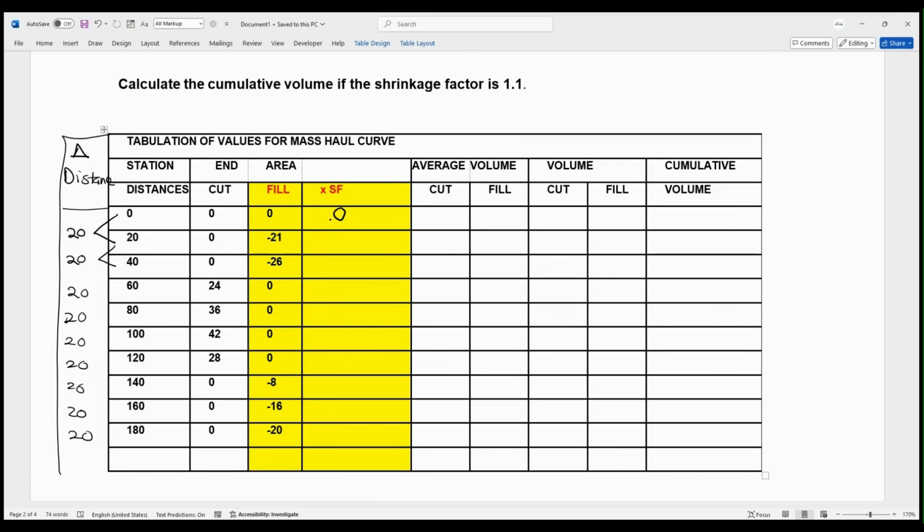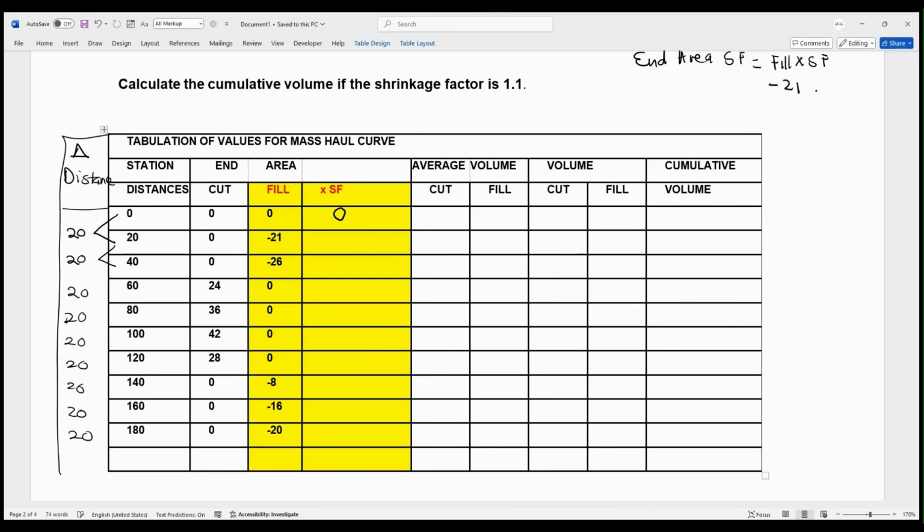For the second one, the formula for the end area shrinkage force for this column is the fill times SF.